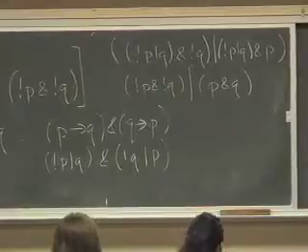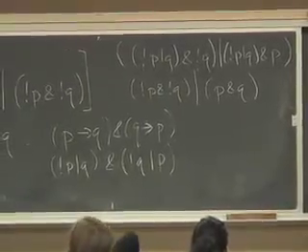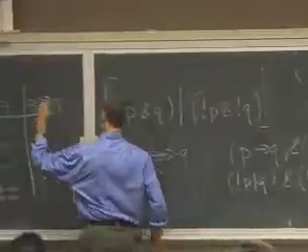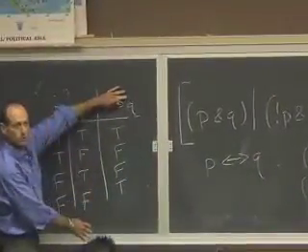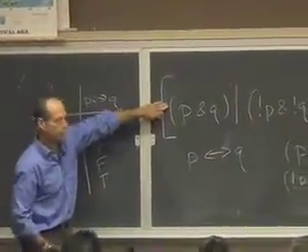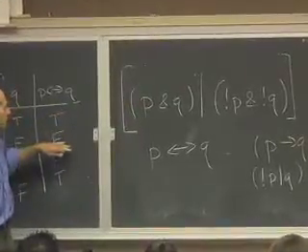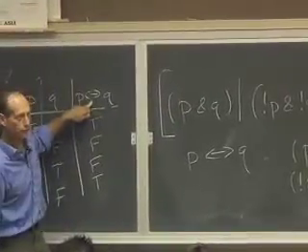Well, we started with this truth table, and then we came up with this as a way of expressing the truth table, and then said this is actually a shorthand for that.